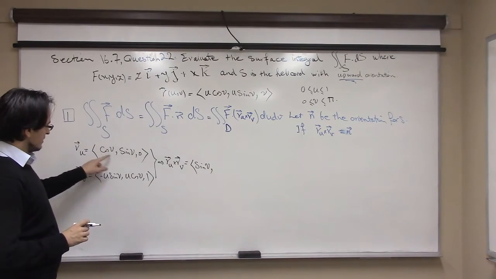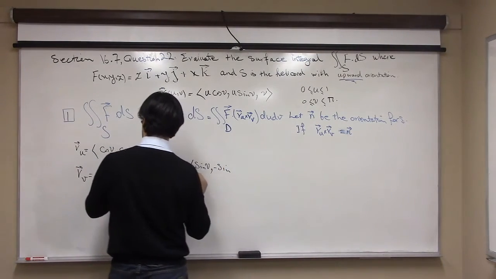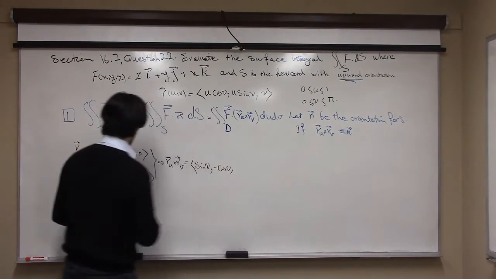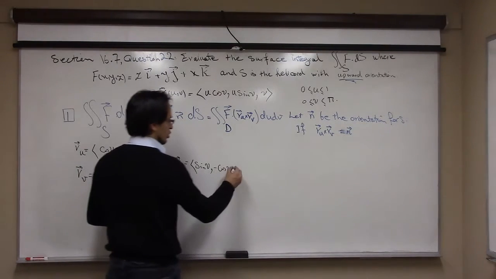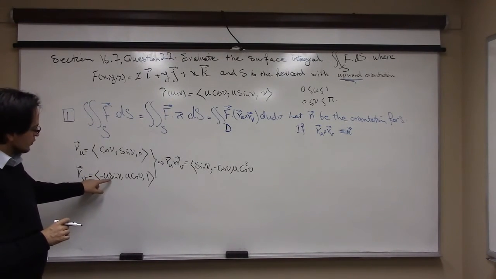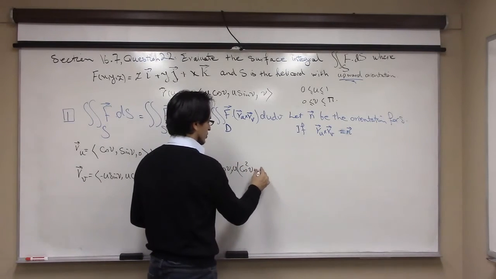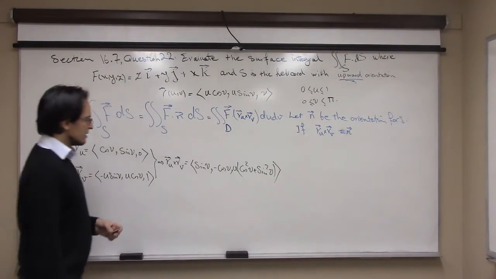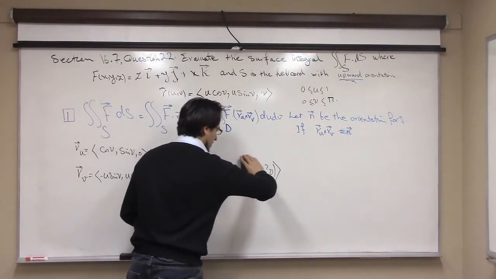The second component is minus cosine v. And the last one is u cosine v times cosine v, so it is u cosine squared v, minus negative u sine v times sine v, which is u plus u sine squared. I can factor out u. That's the cross product. We know cosine squared plus sine squared is equal to 1, so let me erase that and write u.